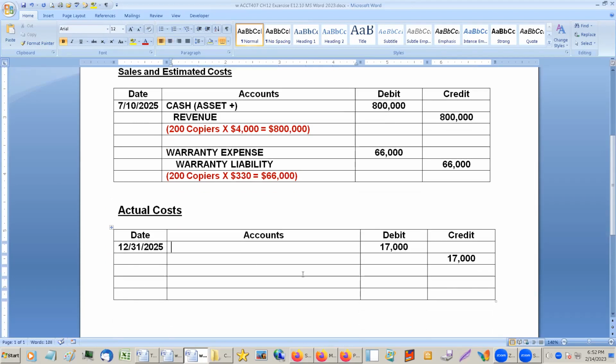Okay, so we're working off this liability. This is the liability going up. So coming down here, now we're working off that liability.